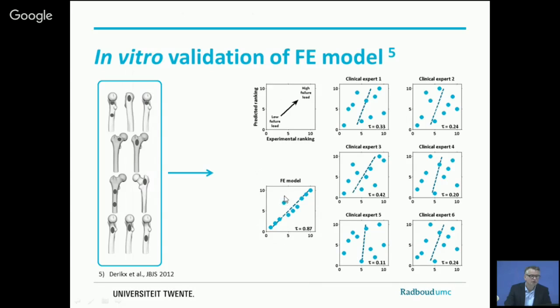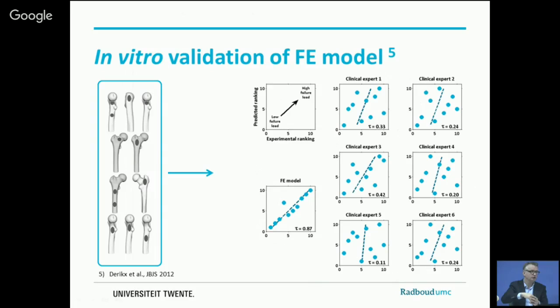If you look at what the experts did, we asked six experts to rank the bones in terms of strength, just rank them, which one is the strongest. You can see that they can't do that. And the most important thing that they couldn't assess is the overall quality of the bone. They don't take that into account. They see a hole and they think, oh, if it's big, it's weaker.